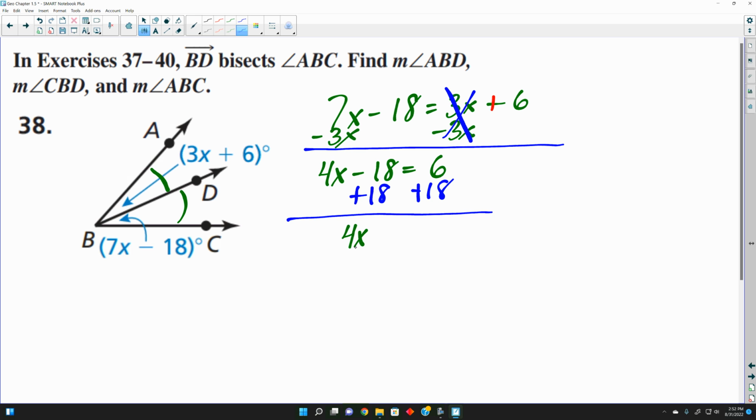So we'd have 4x because negative 18 plus 18 is 0. And 6 plus 18 is 24. So we divide both sides by 4 because we want x by itself. Because 4 divided by 4 is 1. Anything divided by itself is 1. So that leaves us with x equals 6.